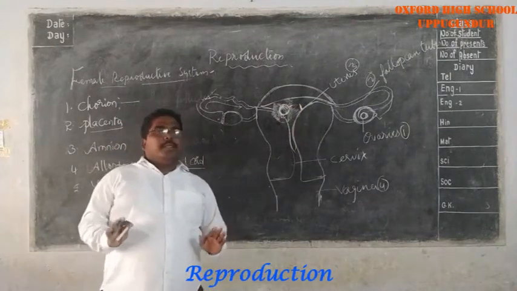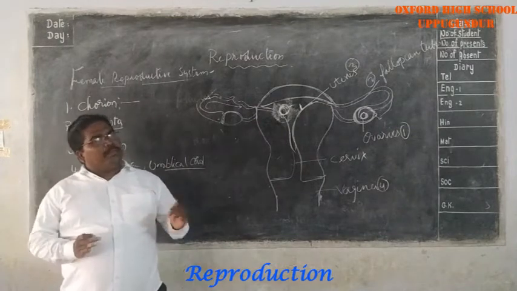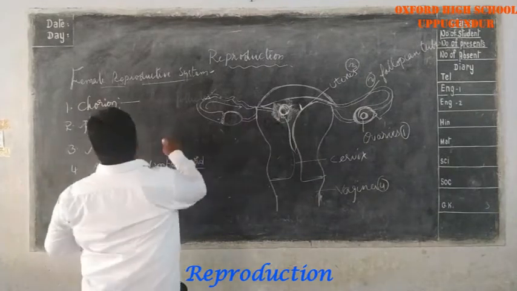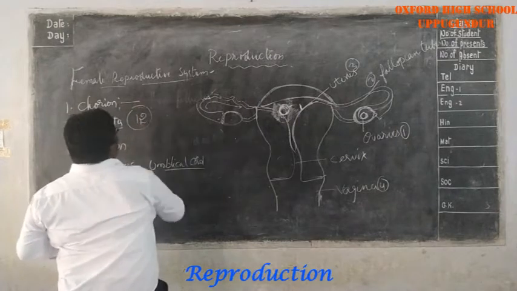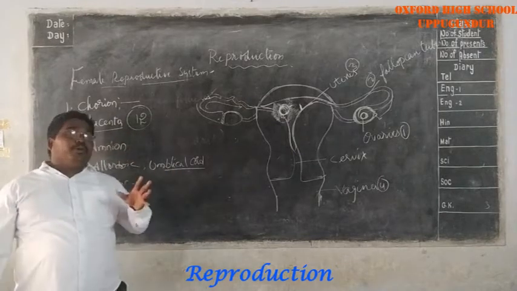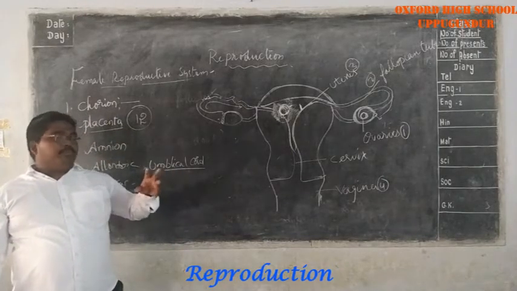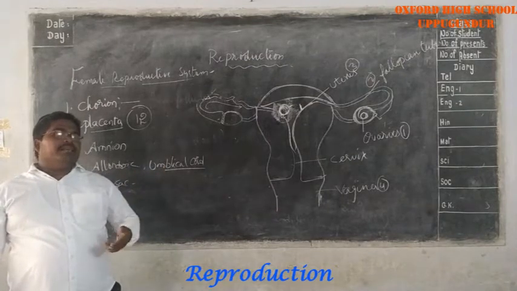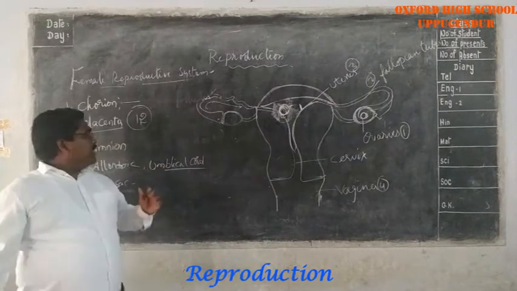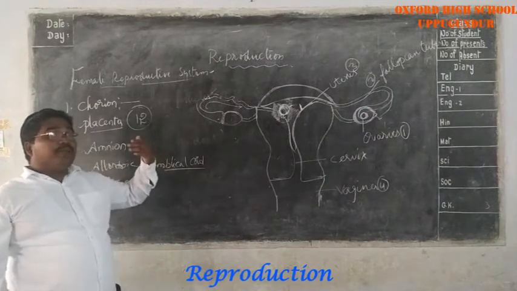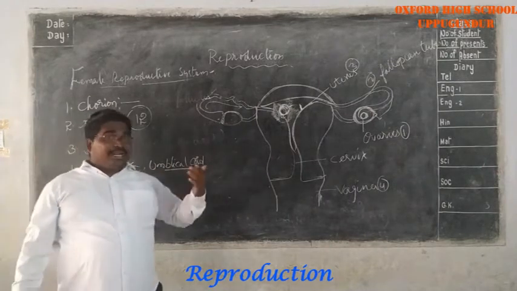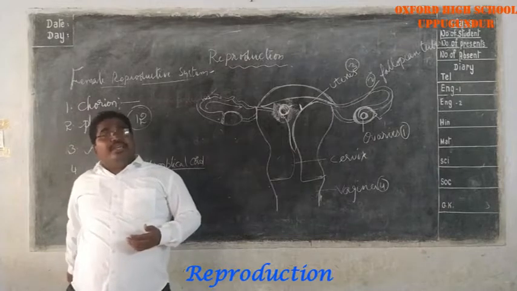It develops around the 12th week of pregnancy. It becomes an important membrane for nourishing, protecting and supporting the baby. It supplies nutrients and protection and supports the development of the embryo.